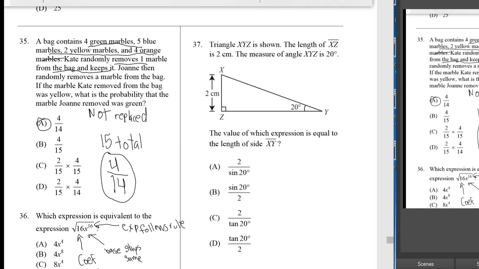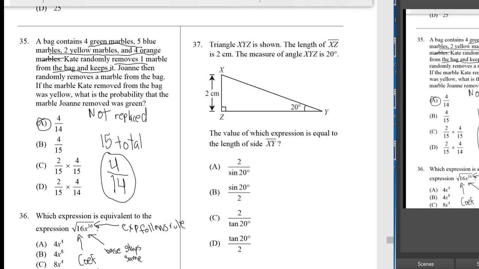If I have the square root of 16, that's just 4, because the square root is the operation. So I have the square root of 16 as 4. X is the base. So x serves as my base here.